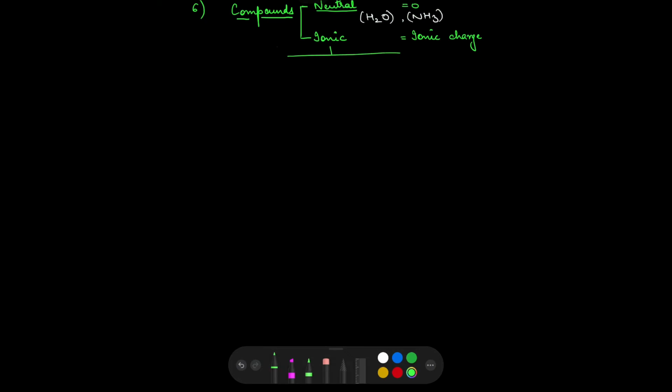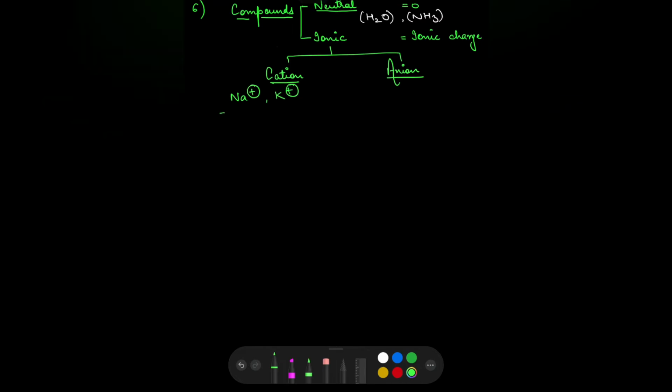Now there are two cases for the ionic compounds, that is cation or anion. So if a compound has a positive charge on it, equal the charge by +1, and for potassium also we will equal the charge by +1.